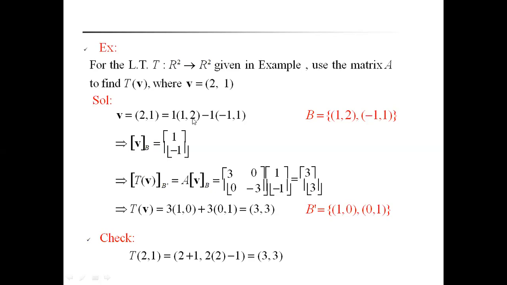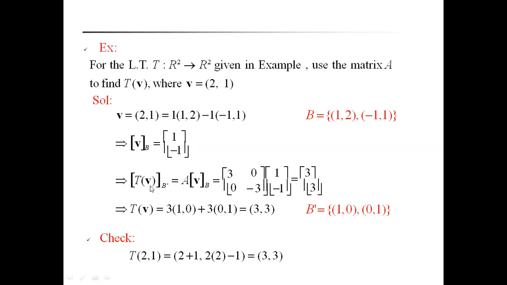Similarly, 1 times 2 minus 1 gives 1. So V, (2, 1), can be written as a linear combination of the vectors of B. B is a basis for the vector space R square. Therefore, the coordinate matrix of V relative to the basis B, the coefficients in the linear combination, is 1 and -1. Write that in the form of the column matrix (1, -1).